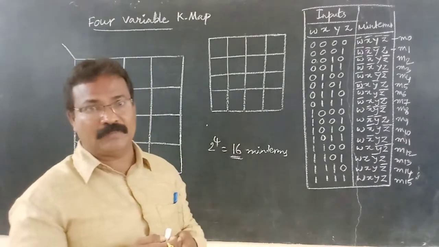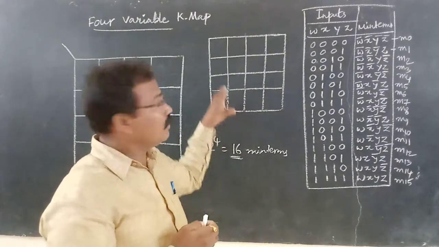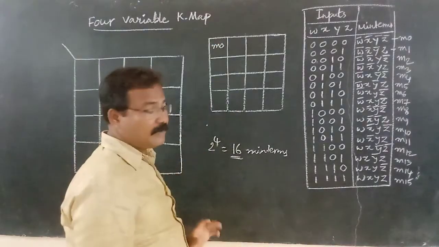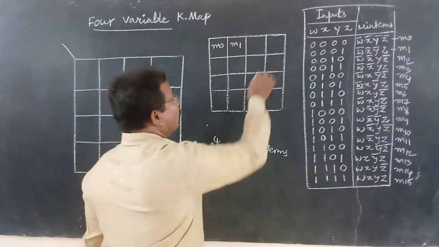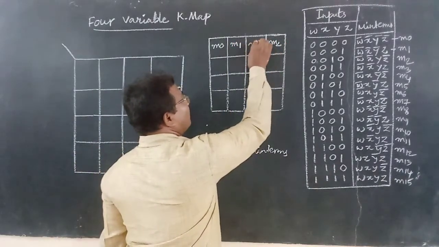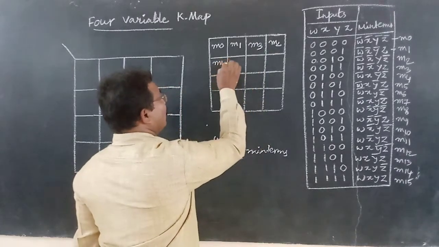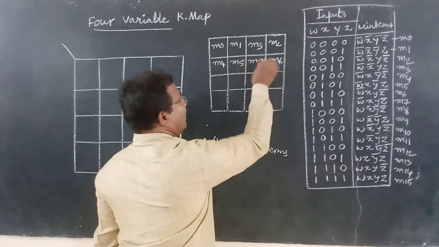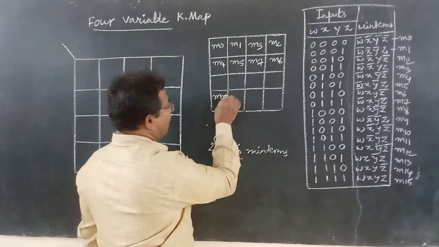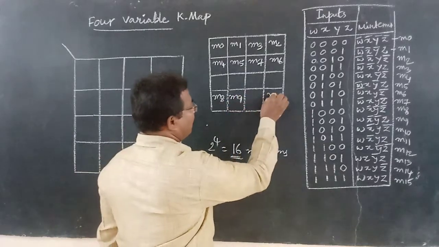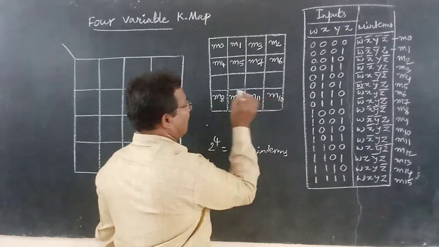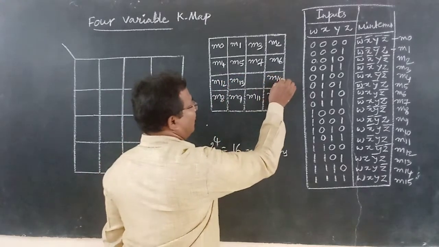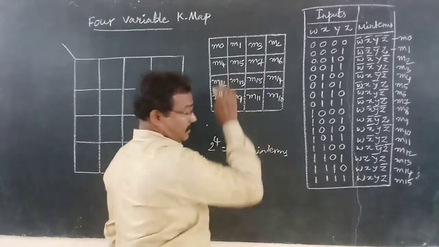The arrangement of minterms in this K-map is like this. The first minterm M0 is arranged here, M1, M2, M3, M4, M5, M6, M7, M8, M9, M10, M11, M12, M13, M14, and the last minterm is here.